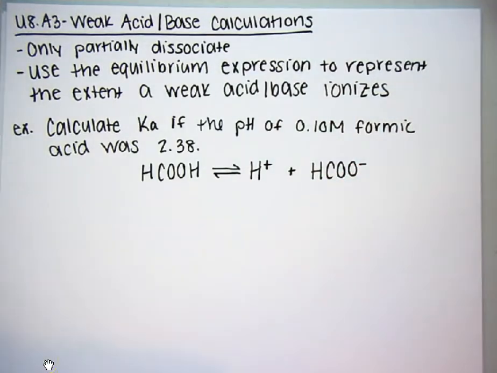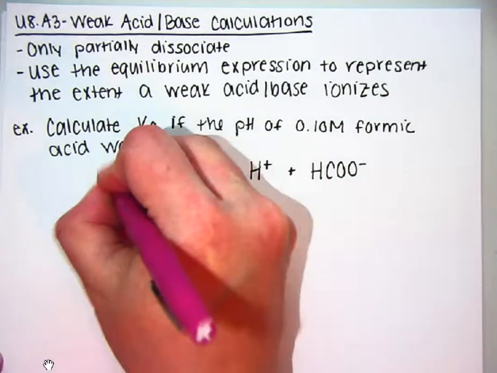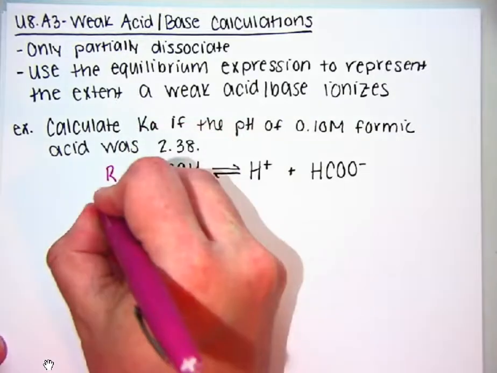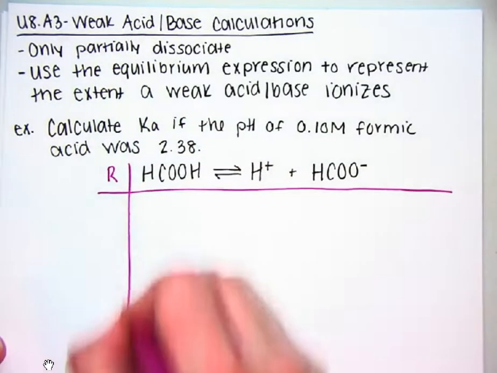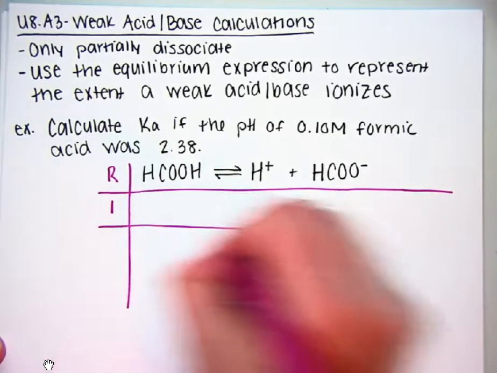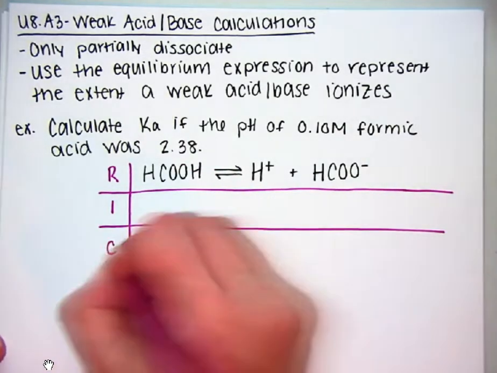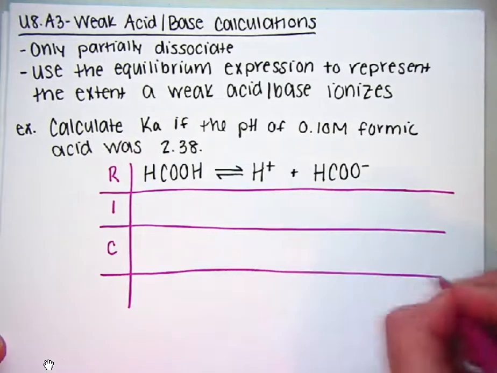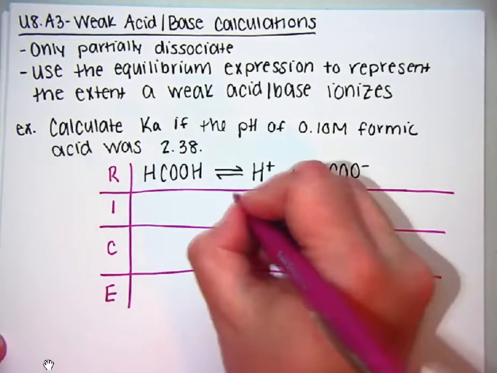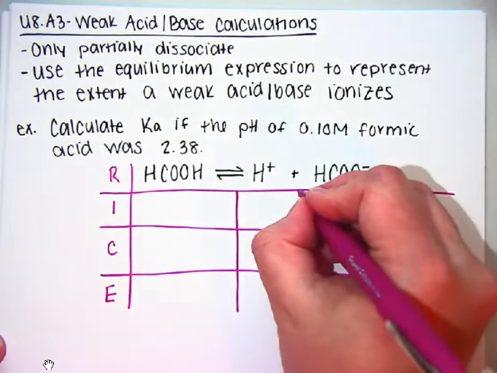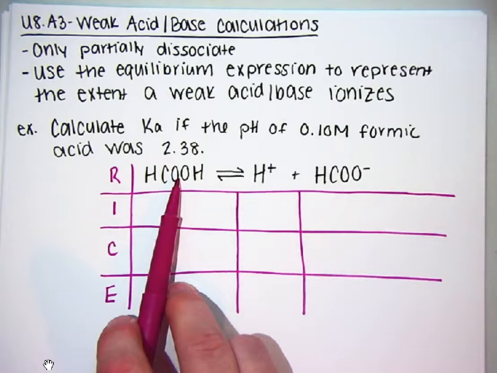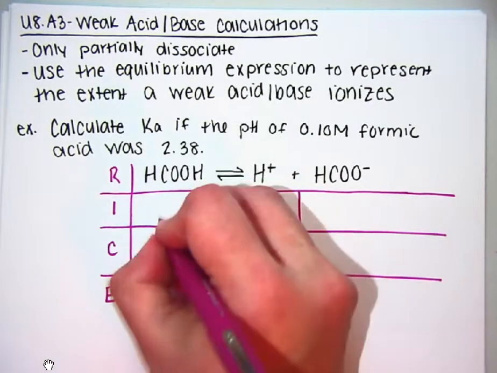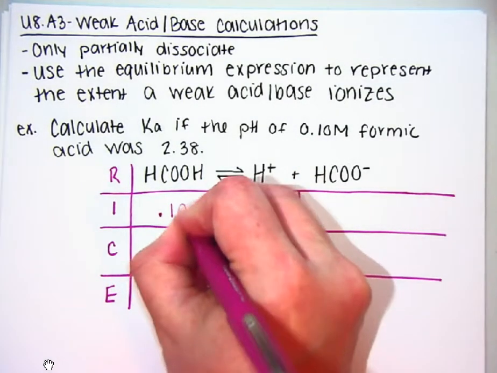So let's start by filling out a RICE table. Again, R is for reaction. I already have my reaction. I is the initial concentration. C will represent the change in concentration. E will represent my equilibrium concentration. So let's fill out what we know. Formic acid has a concentration of 0.10.